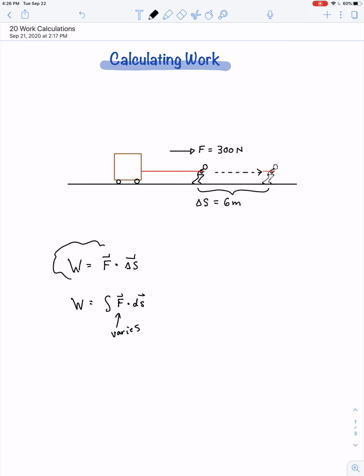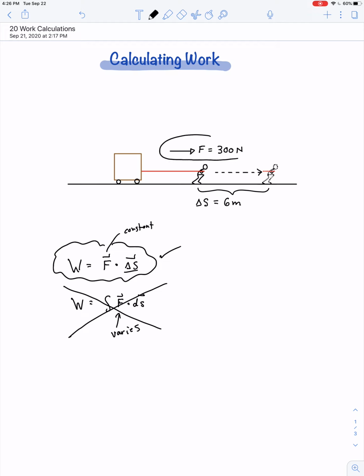This first equation is valid as long as the force is constant in magnitude over the entire displacement. So we'll skip this for now, consider it a preview of coming attractions, and in the case of this problem, this form of the equation works out because we have an example where the force remains a steady 300 newtons over the entire 6 meters of displacement.